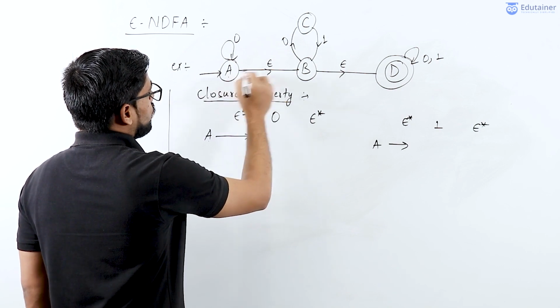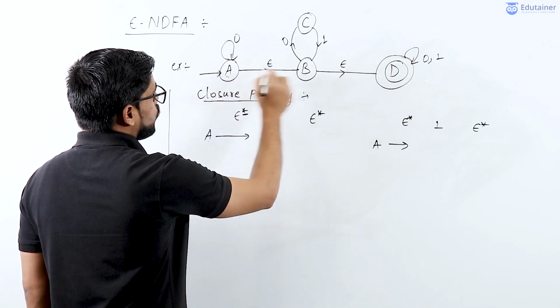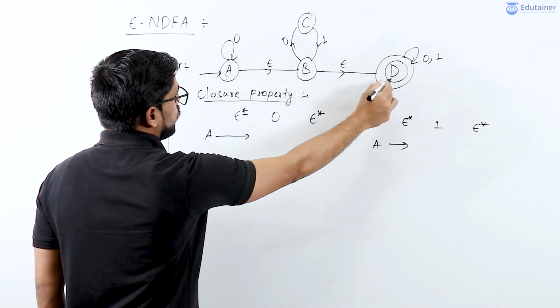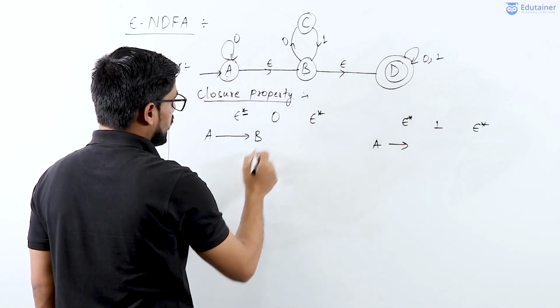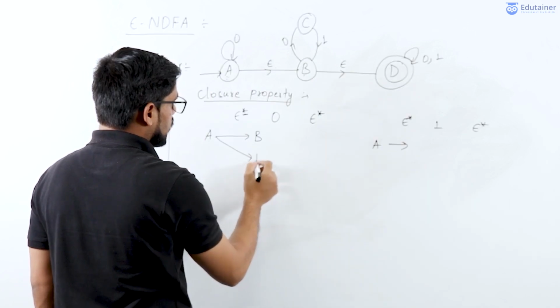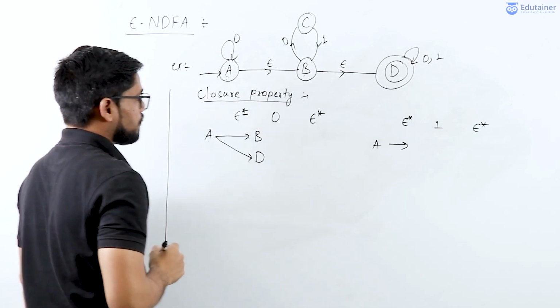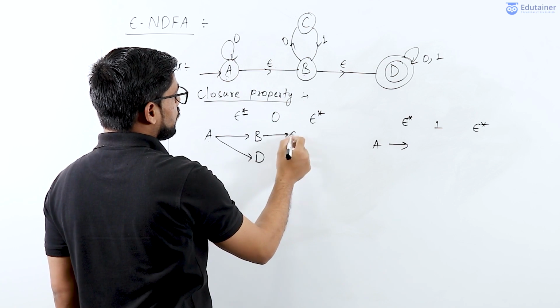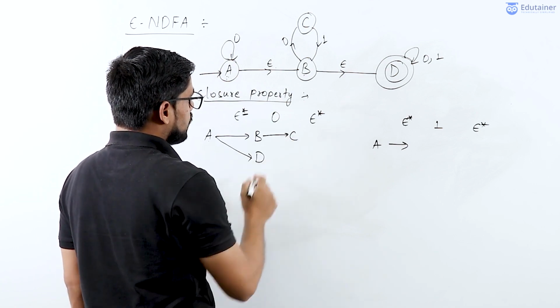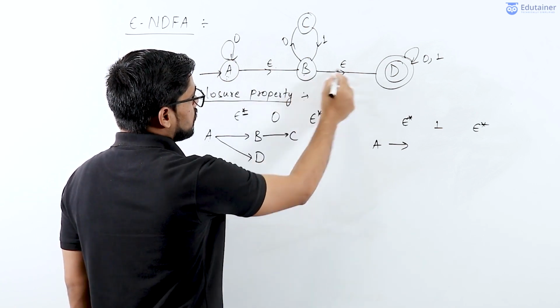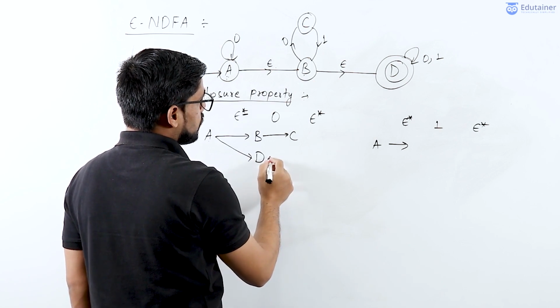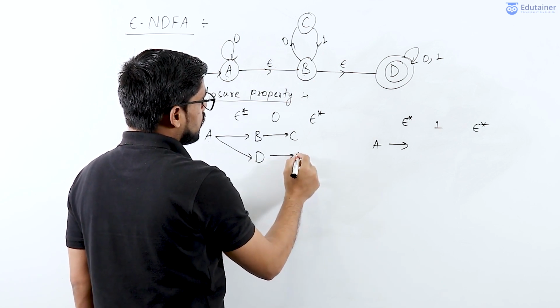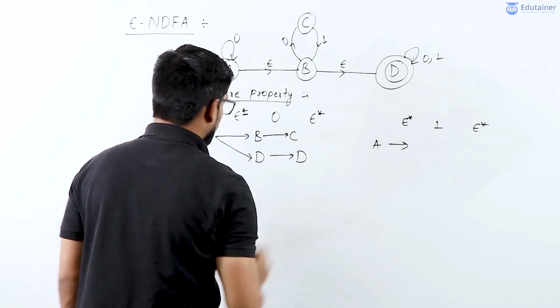So A on reading epsilon will go to B as well as to D. B on reading 0 will go to C, and D on reading epsilon will go to D itself.